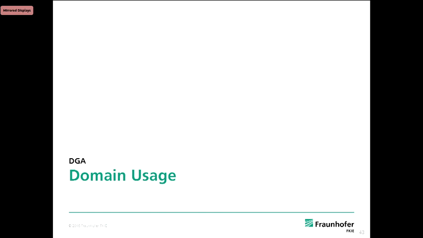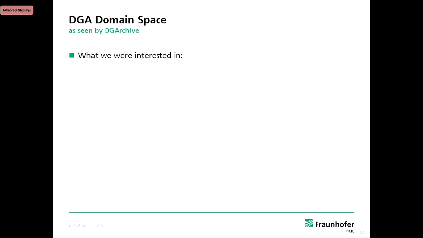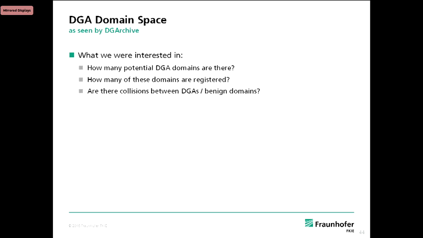Okay, now the interesting part: how are DGA domains used? Some things that we were interested in, for example, how many potential DGA domains are there? So how many could we generate to get the full set? And how many of these are actually registered?